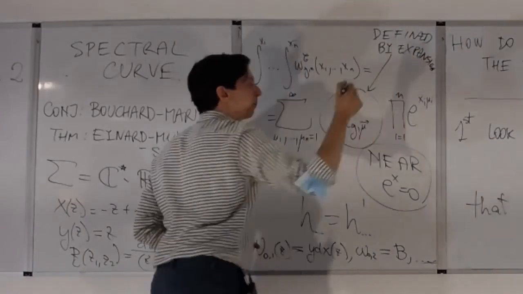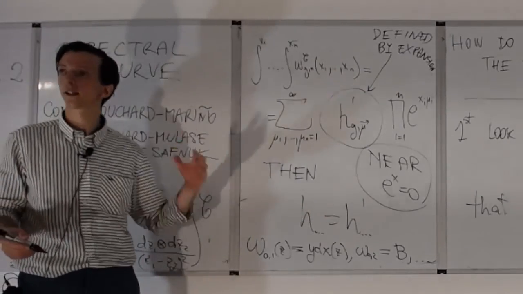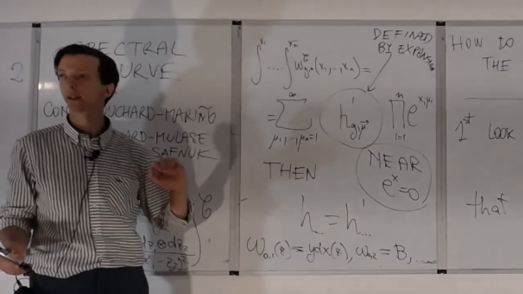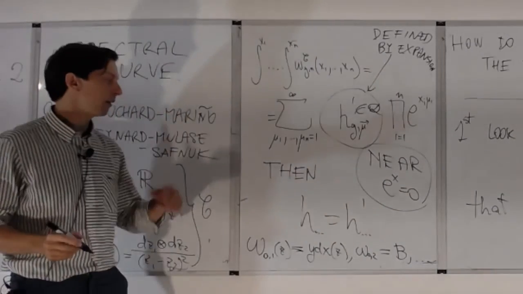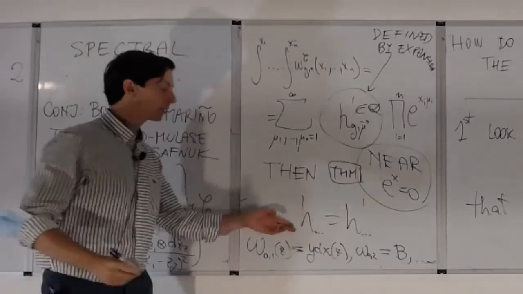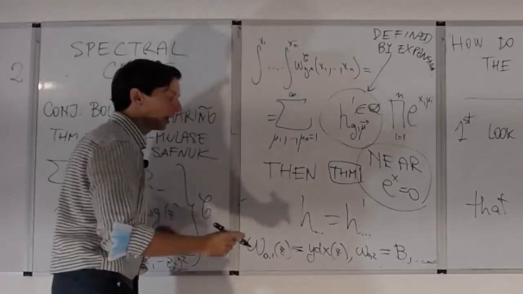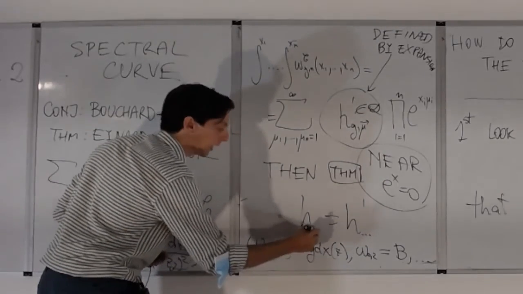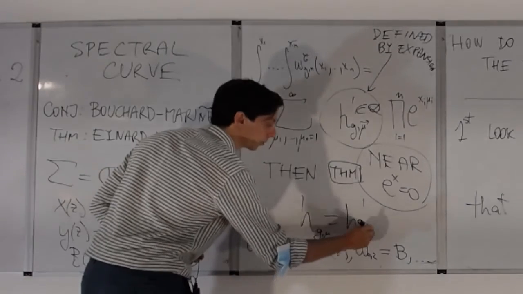Of course, you can complain. You can say, why does this expansion exist? Well, it exists. You can expand them this way, and you get some numbers. And moreover, these numbers are in Q. And now the theorem is that these numbers are Hurwitz numbers. So I should write that h g mu is equal to h prime g mu.